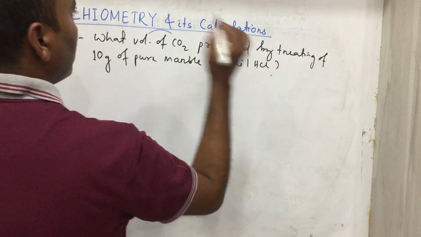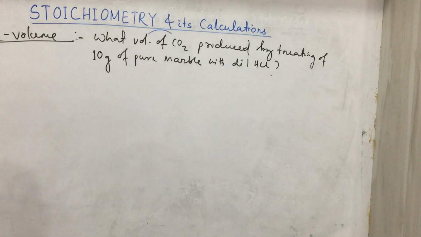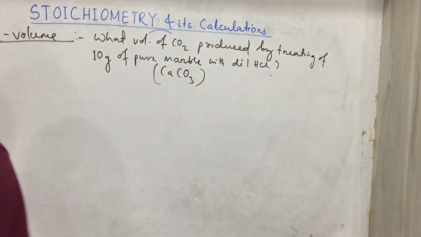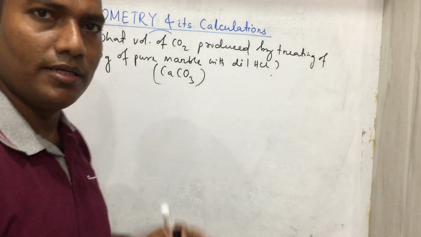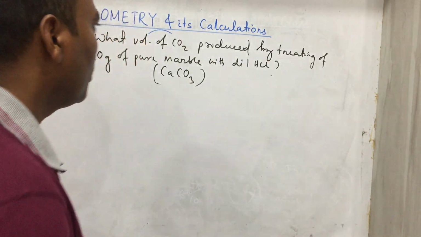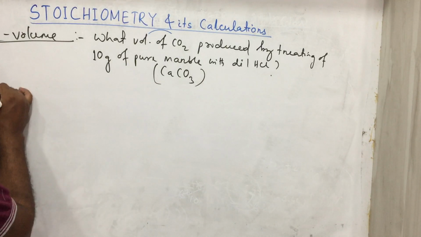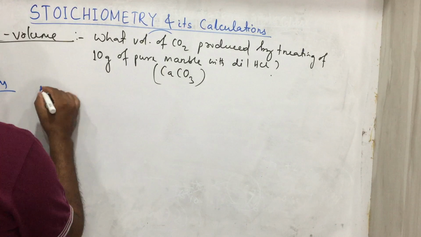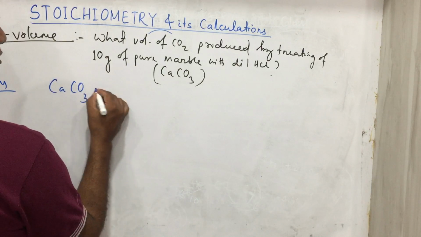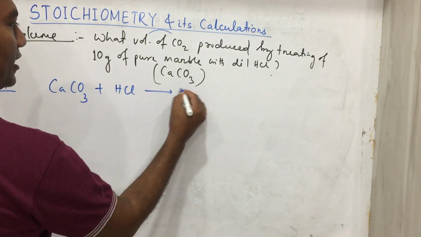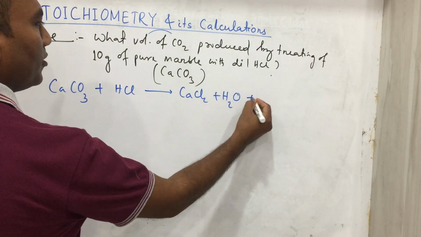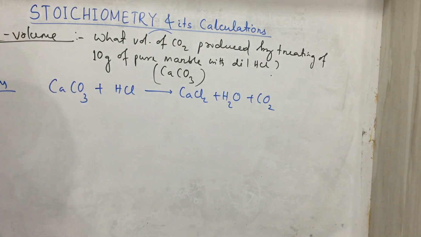Okay, so marble means calcium carbonate. So first, the normal method, first we'll write the equation. So the equation is: calcium carbonate when reacted with HCl gives rise to CaCl2 plus H2O plus CO2.